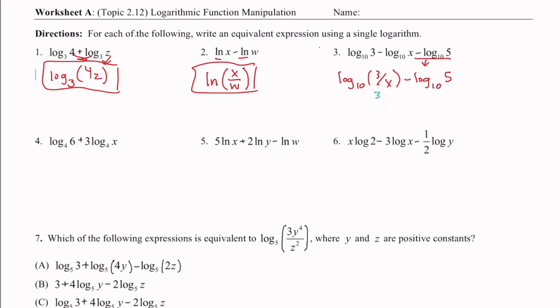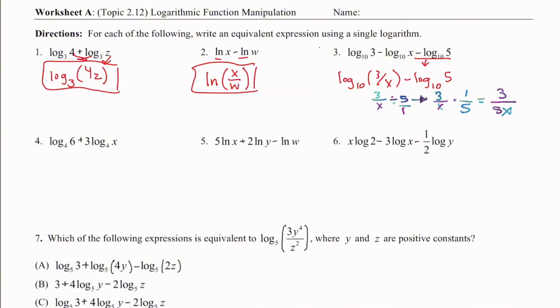So it's 3 over x divided by 5, which we can change. 5 can also be 5 over 1. And now we can change it to 3 over x multiplied by 1 over 5. We switch this fraction around. That's going to give us 3 over 5x.